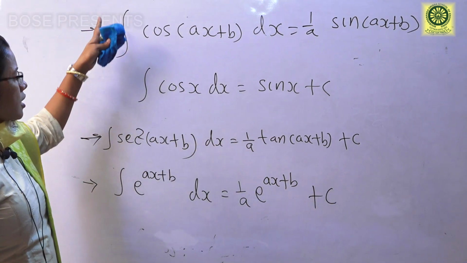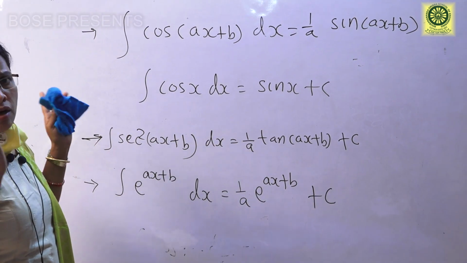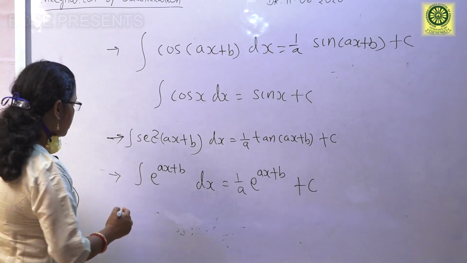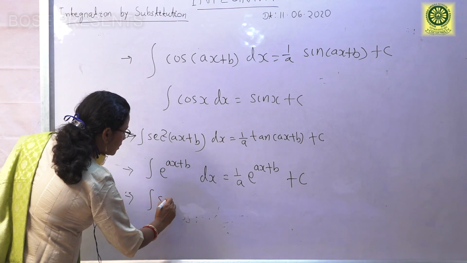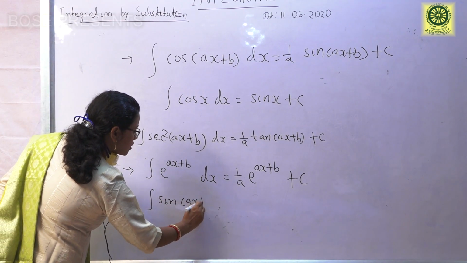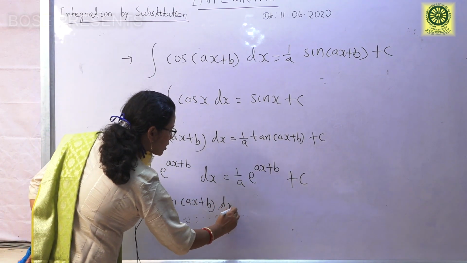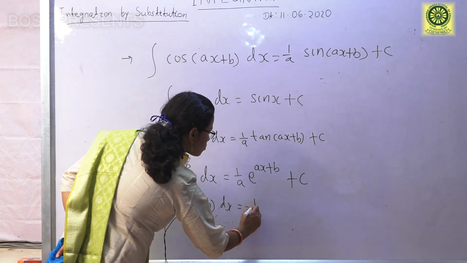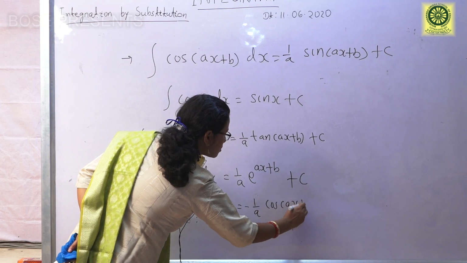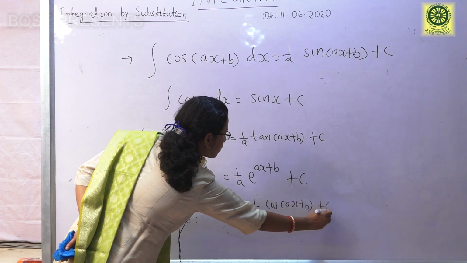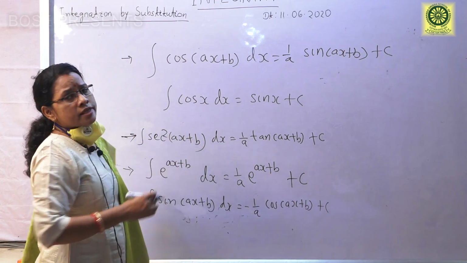Okay, likewise you will get all other formulas, like the integral of sin(ax + b) with respect to x will be -(1/a) cos(ax + b). Okay, these are also used as standard formulas.